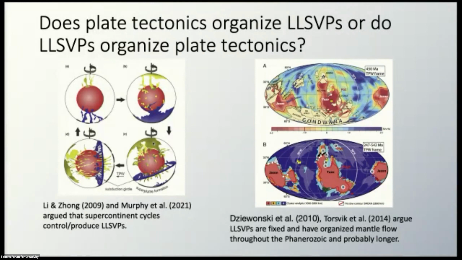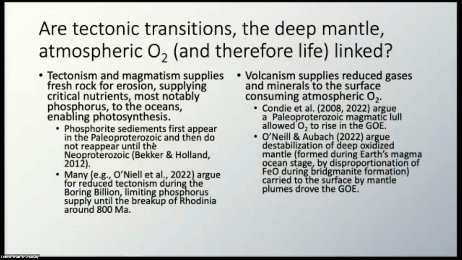On the other hand, Jablonski and Dvorak have argued, based on the position of large igneous provinces through time, that the LLSVPs have always been where they are, and that in turn they control plate tectonics. So the question is, what's the answer to that? And I'm not sure.